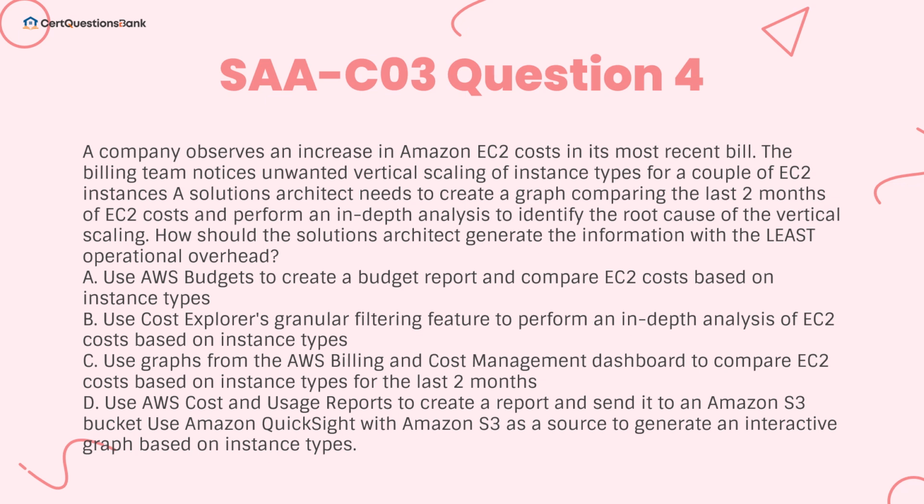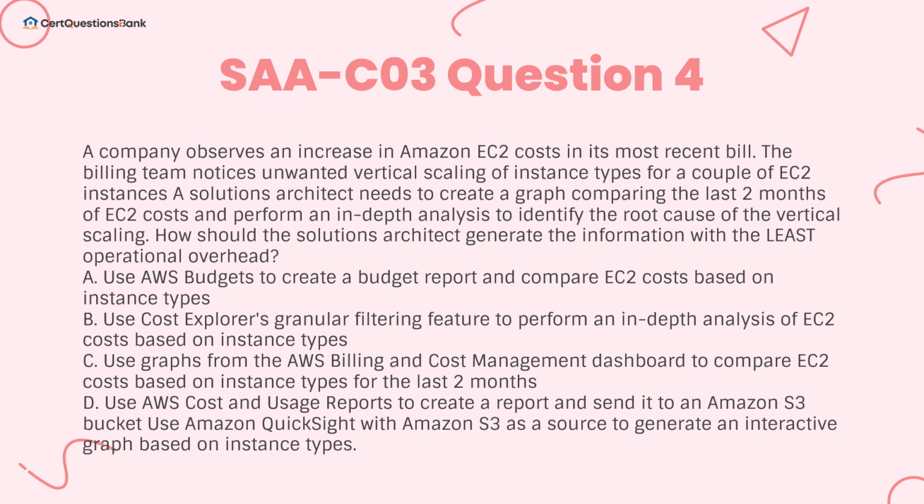How should the solutions architect generate the information with the least operational overhead? A. Use AWS Budgets to create a budget report and compare EC2 costs based on instance types. B. Use Cost Explorer's granular filtering feature to perform an in-depth analysis of EC2 costs based on instance types.